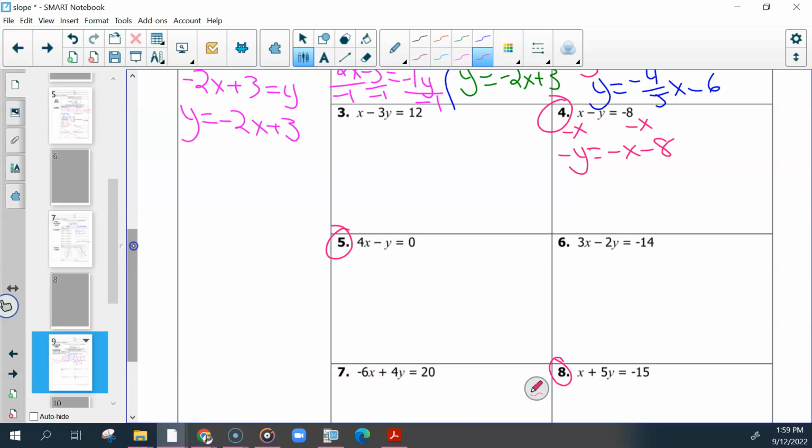If I were to write my slope from this point, it would not be correct because it's not going to be a -1, because my signs are going to change when I divide by this -1. So now looking at this, I could say my slope is what? 1. Right.